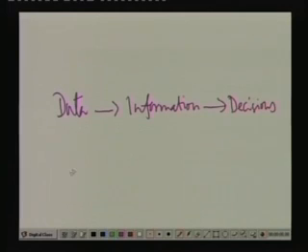So this is the conversion. We have the data, we have processing through which we have the information, then we have the choice.